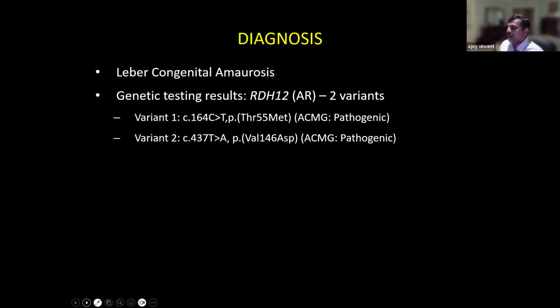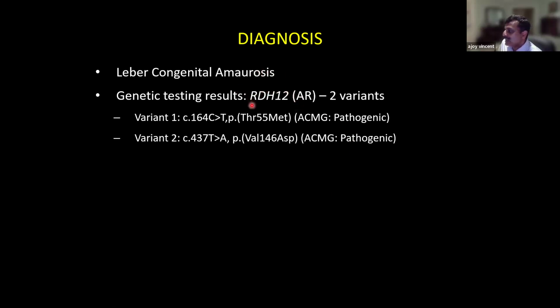The family didn't complain of nystagmus, but the child had very coarse searching eye movements in parts. So the most compatible clinical diagnosis is LCA or Leber congenital amaurosis, and genetic testing was done.